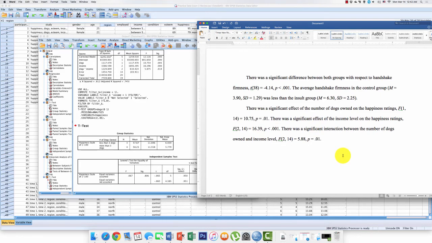So we're now going to write simple effects tests were conducted to determine where the significant effect or interaction is occurring.